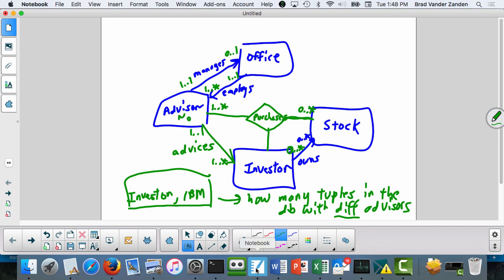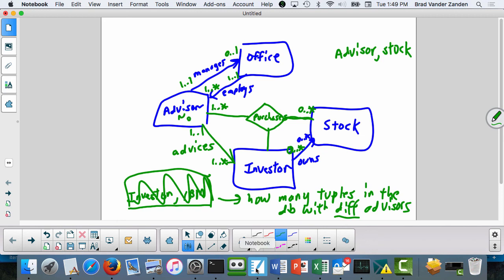Okay, and finally, with an advisor and a stock, the question is how many investors might an advisor have sold a stock to? Well, you haven't necessarily.